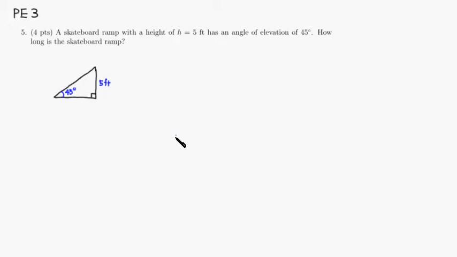Then how long is the skateboard ramp? Since it's a ramp, we should probably call it R. R is the length from here to there. According to this angle, we know something about the opposite side, and this here is the hypotenuse.